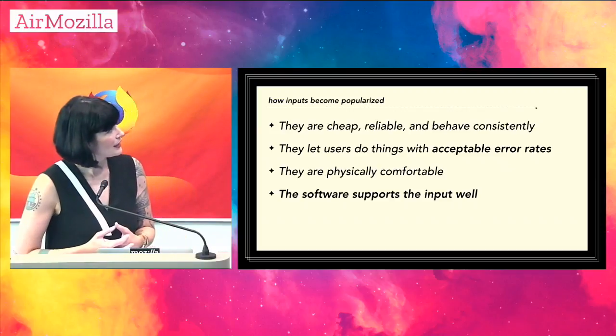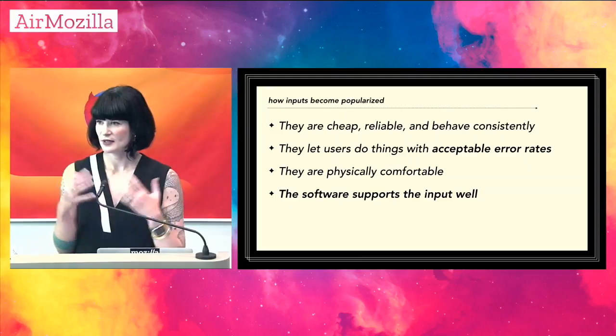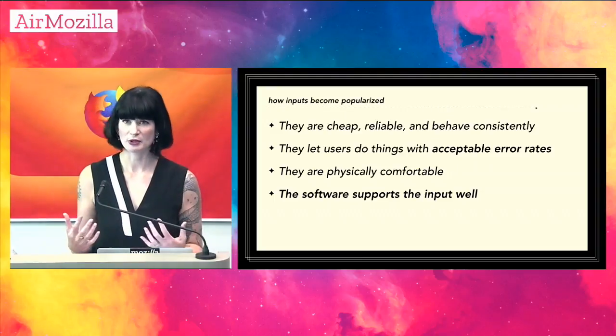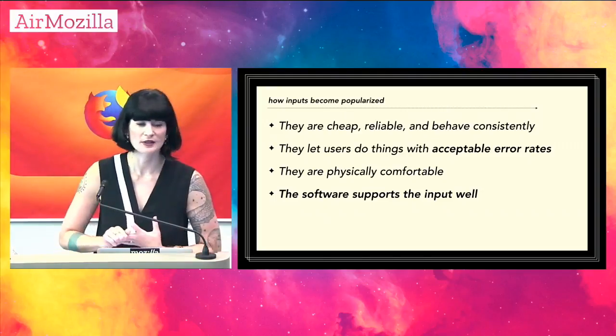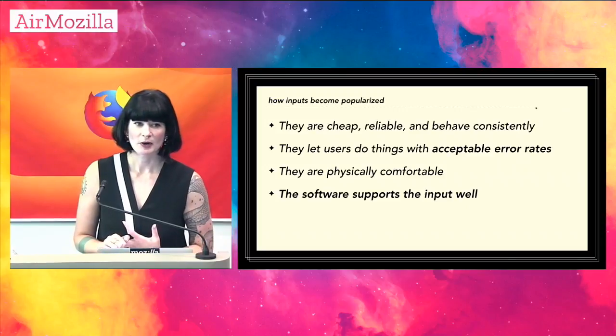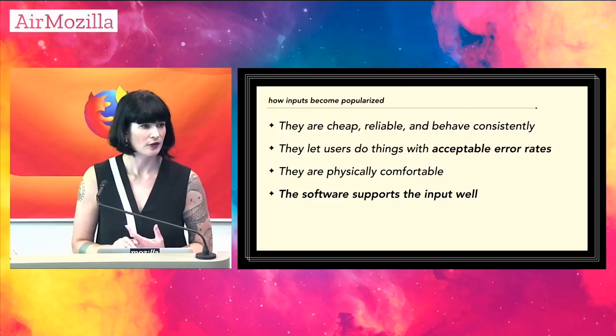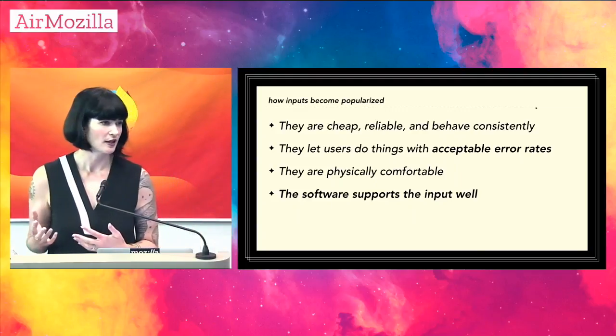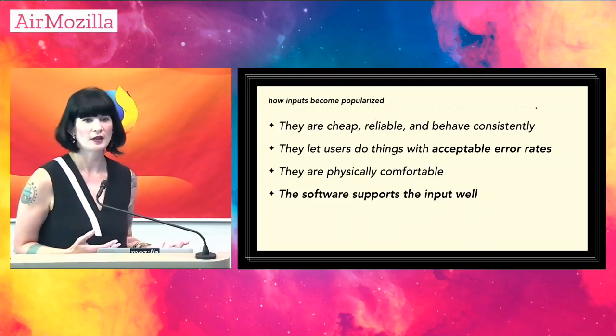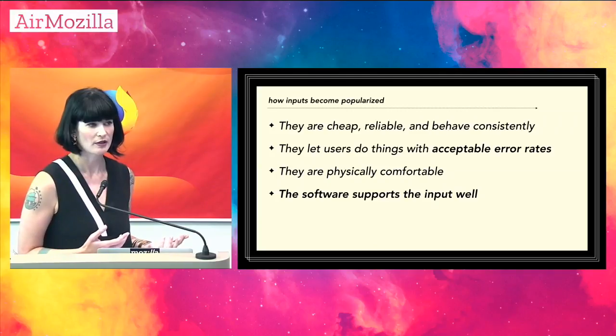But these are the key things that you need to know about inputs across the board. This is how inputs start to become popular. They are cheap, they are reliable, they behave consistently. The mouse had to drop by $350 before it started becoming ubiquitous in 1984. It went from a $400 Logitech/Microsoft mouse to a $35 mouse that came with the Macintosh.